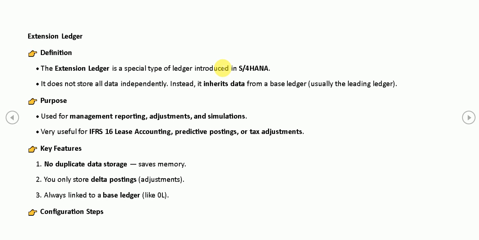Key features: no duplicate data store. I already told you that it will not update our table level ACDOCA. So there is no duplicate data store, which saves memory. You only store delta posting adjustments, always linked to a base ledger like 0L.